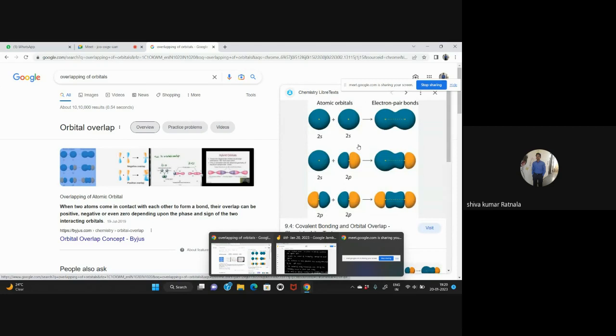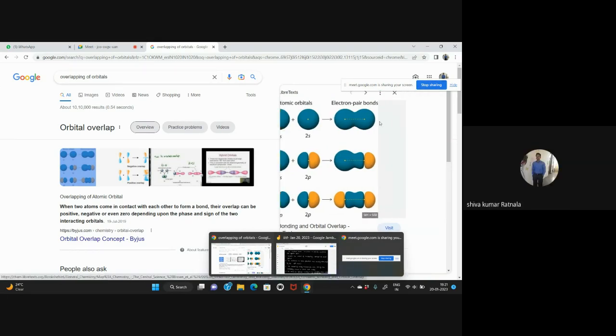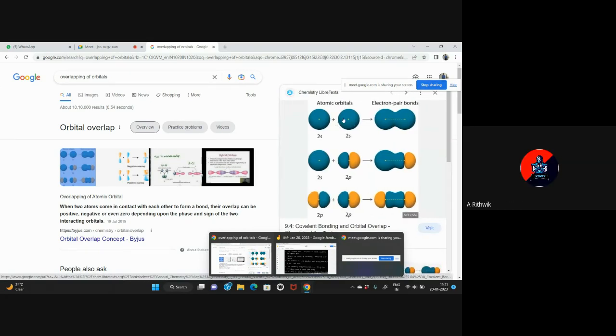Can you see, students? Hello. Can you see my screen? Where is the cursor moving? Now see here. If you observe clearly, this is an s orbital, right?